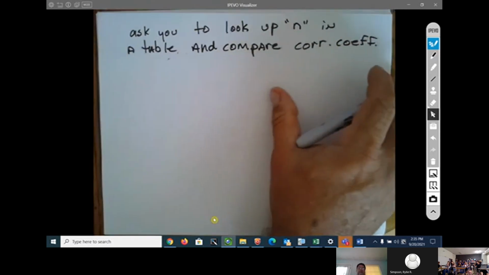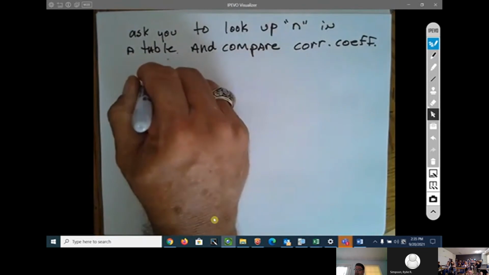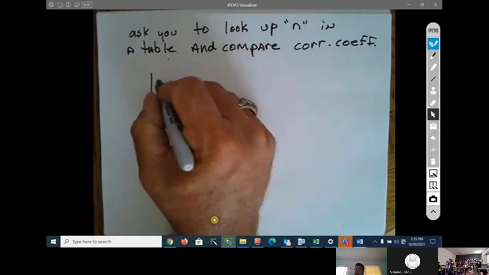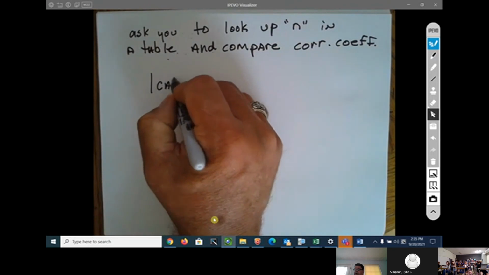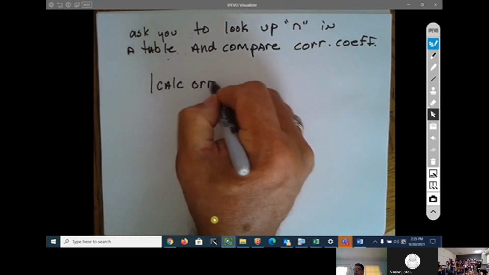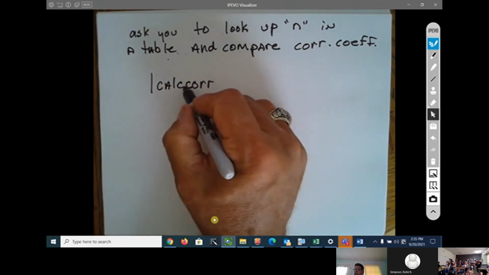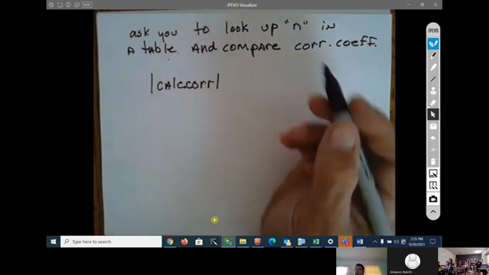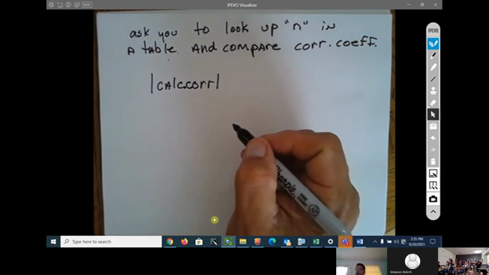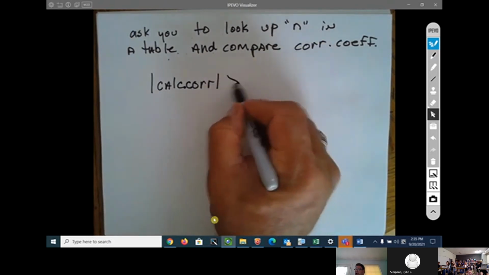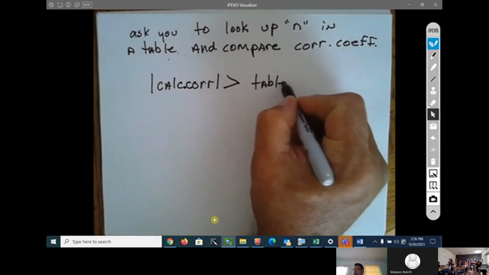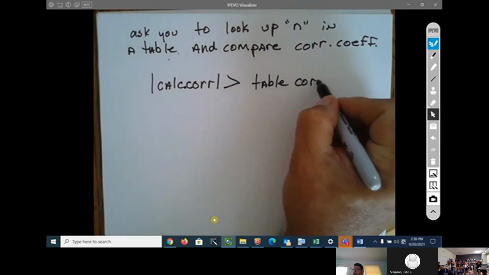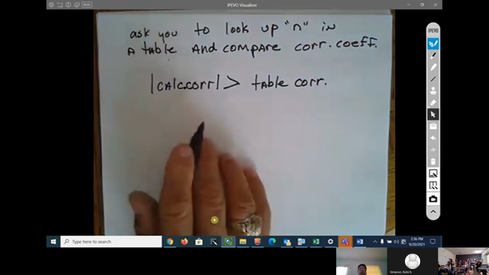All you have to remember is this. If the absolute value of your calculated correlation is greater than the table correlation, okay, write that down.